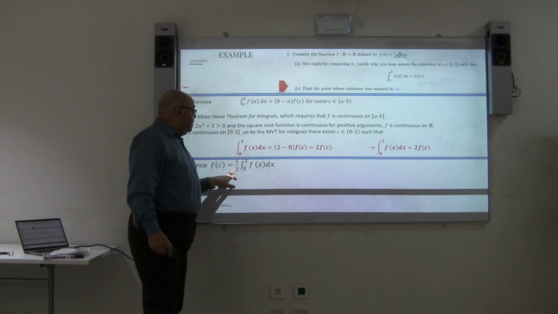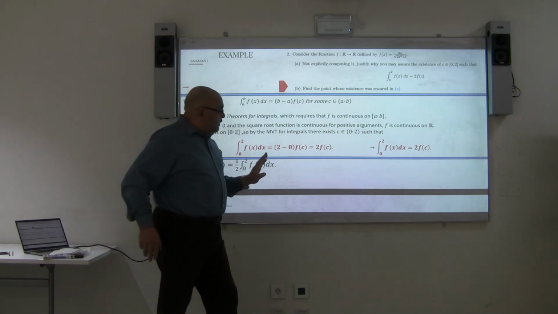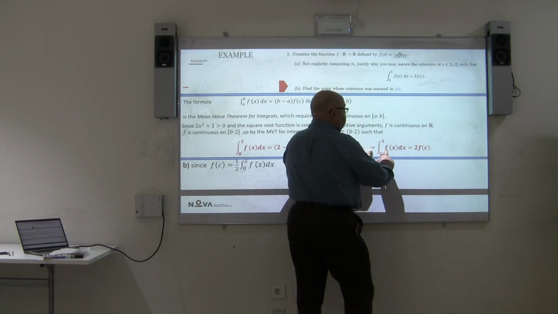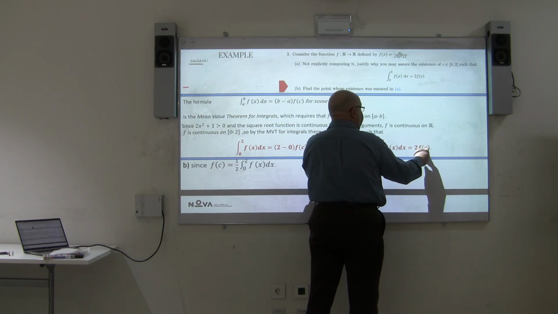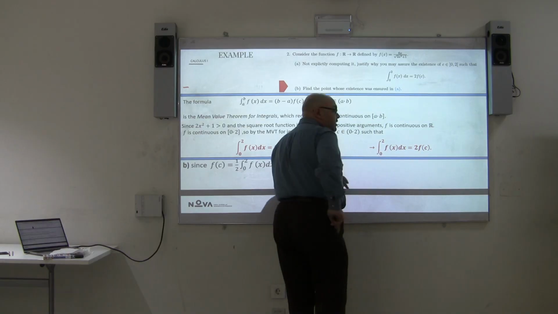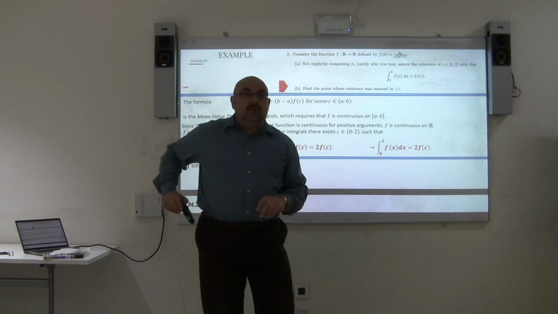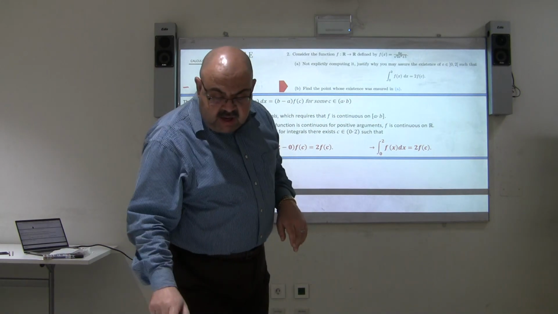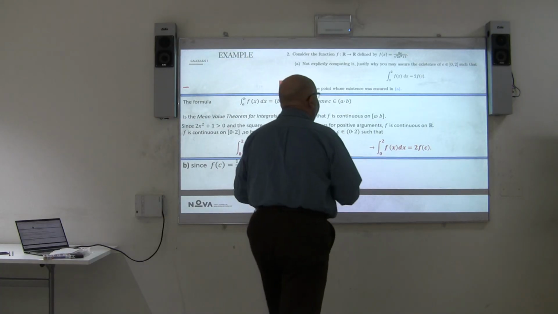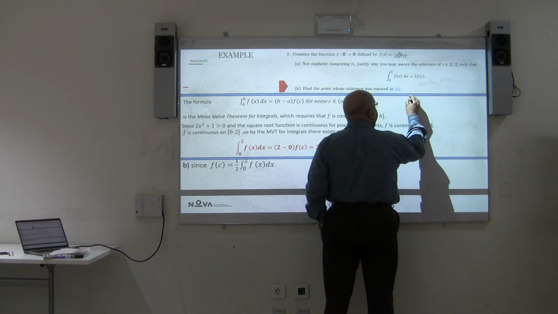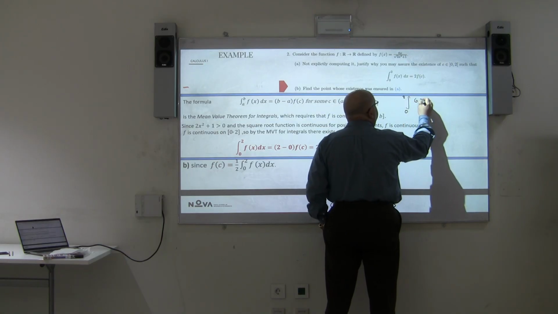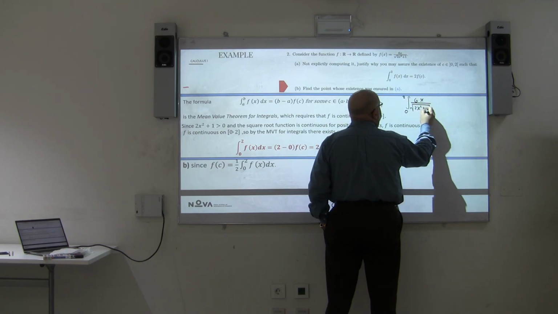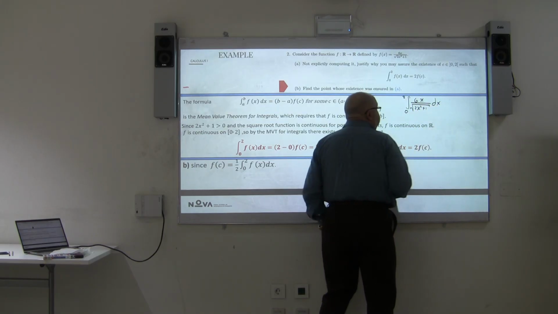The second part states that the integral of f of x dx from 0 to 2 is equal to 2 times f of c. I can evaluate this integration. Any ideas how to integrate the given integrand? I want to integrate from 0 to 2, 6x divided by the square root of 2x squared plus 1, with respect to dx.